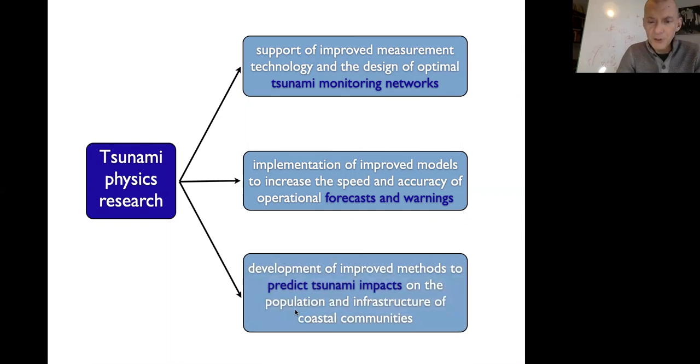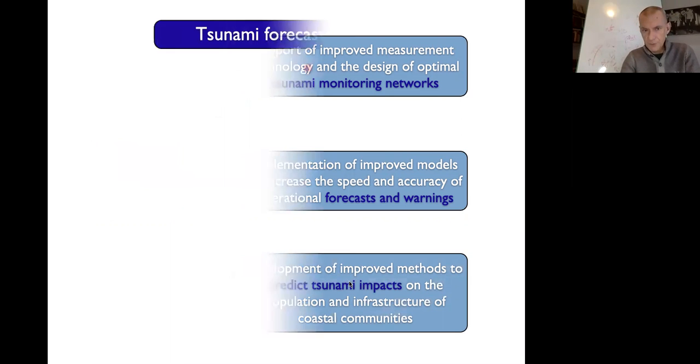But maybe the most important one is to deal in the prediction of future tsunami impacts. And this is leading us to the final topic of today and of this course, that is sort of the thinking time about the problem of hazard that we're going to define in the next lecture.